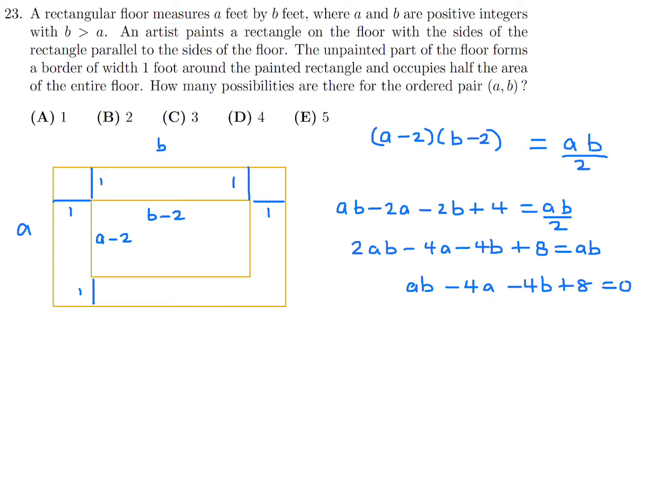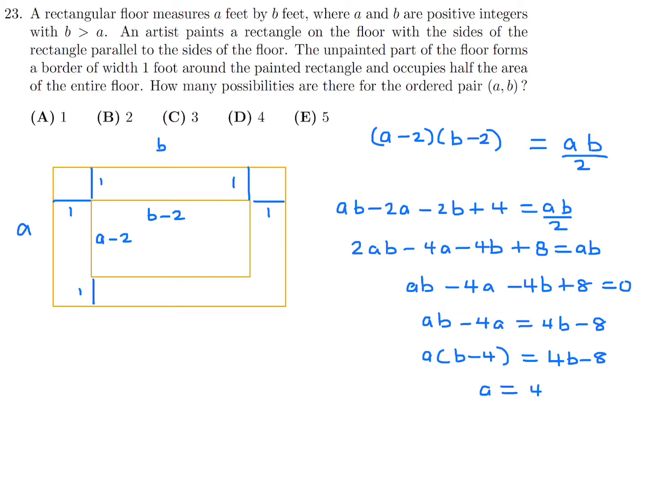For example, you can say AB minus 4A is equal to 4B minus 8. Right, I'm just isolating. Factor out the A and you get A times (B minus 4) is equal to 4B minus 8.